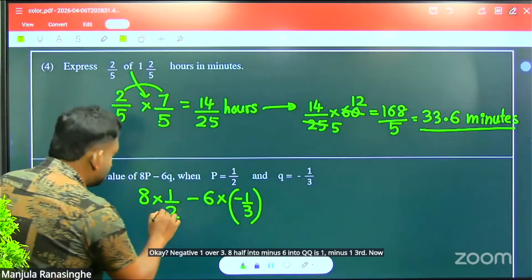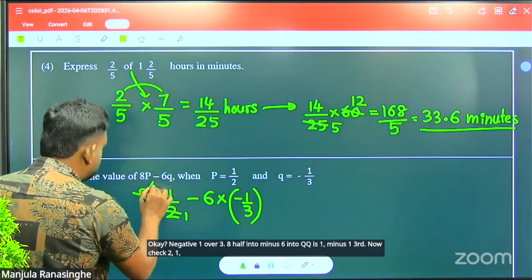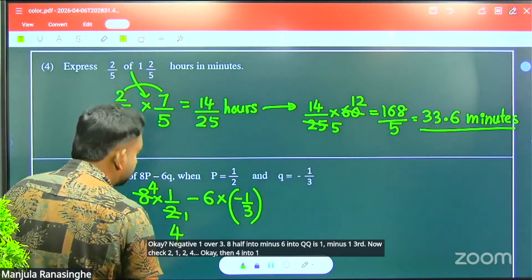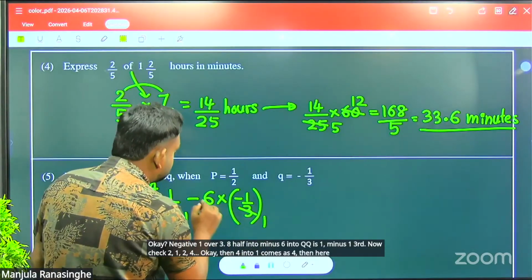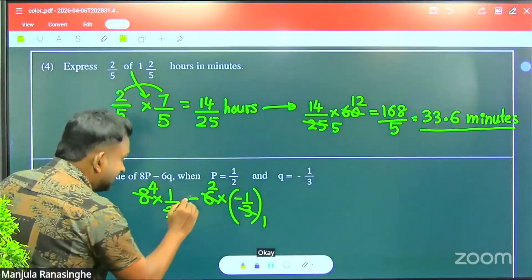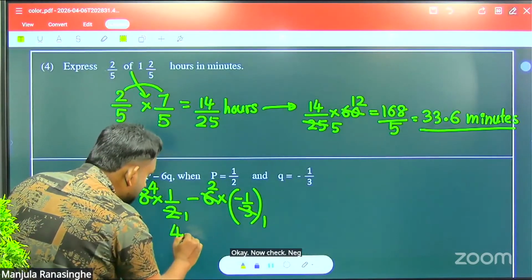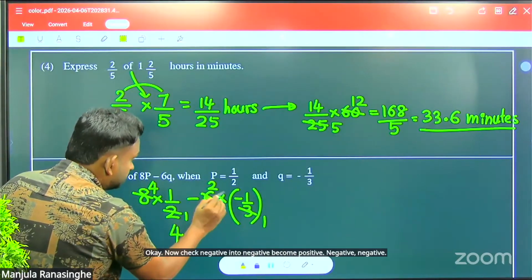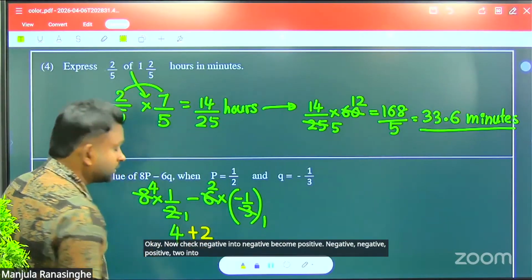Now check: 2 into 4, then 4 into 1 comes as 4. Then here 3, 1, 3, 2. Now check: negative into negative becomes positive. 2 into 1 is 2.